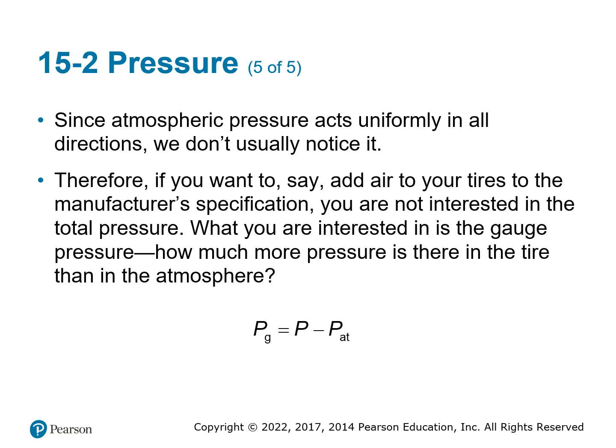So for example, if you want to add air to your tires, you do it to the manufacturer's specification. The inside of your door tells you how much to fill your tires to. You don't care about the total pressure. What you are interested in is what's called the gauge pressure. So how much more pressure is there in the tire than in the atmosphere?